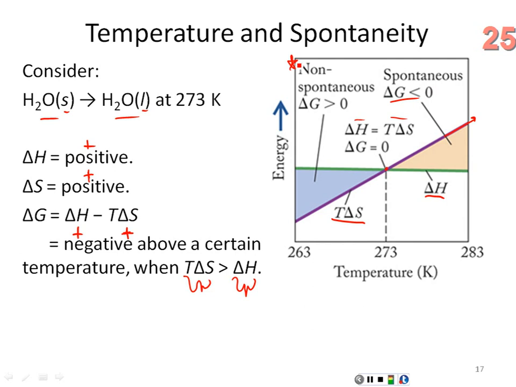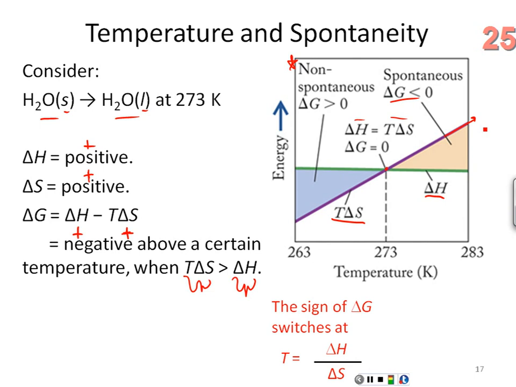So in the case where delta H and delta S are both positive, the line for T delta S here will have a positive slope. In the other situation where they're both negative, this purple line would have a negative slope, and that would be only spontaneous at lower temperatures.